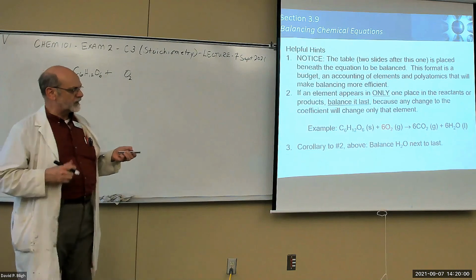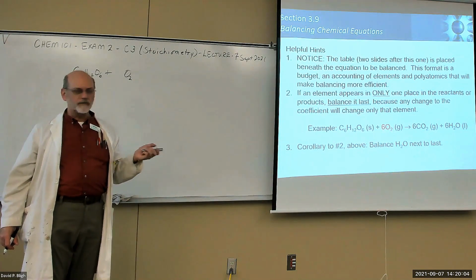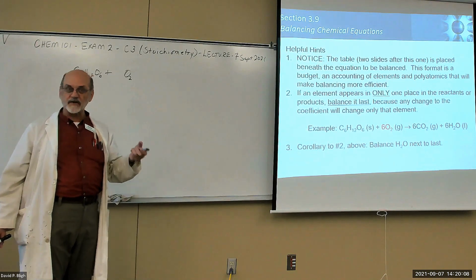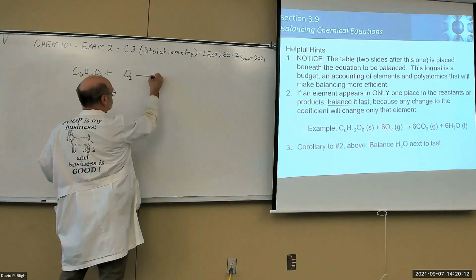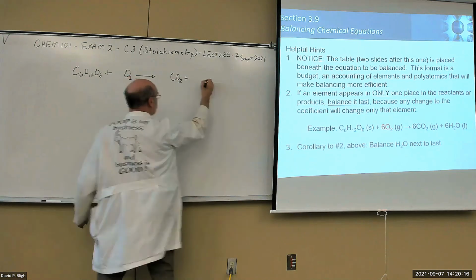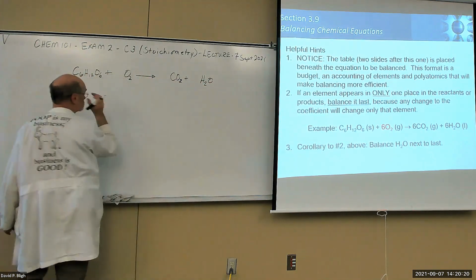It's only if you've got, say, a compound or an element in one phase on one side and a different phase on the other. It might influence the way the reaction is balanced, but I'm not going to throw that one at you. And then that makes carbon dioxide and water. Notice I left gaps in here for my coefficients.